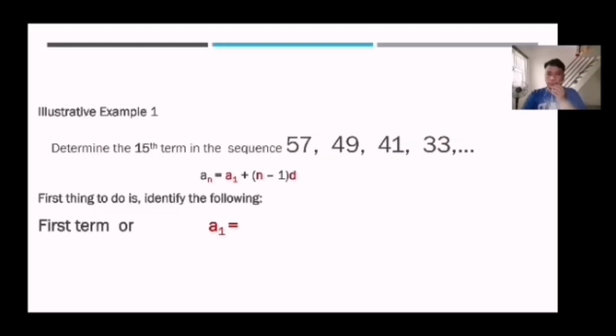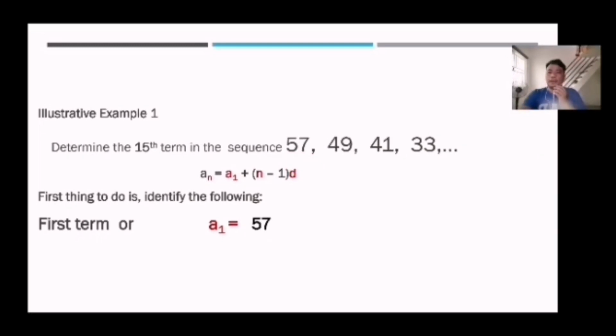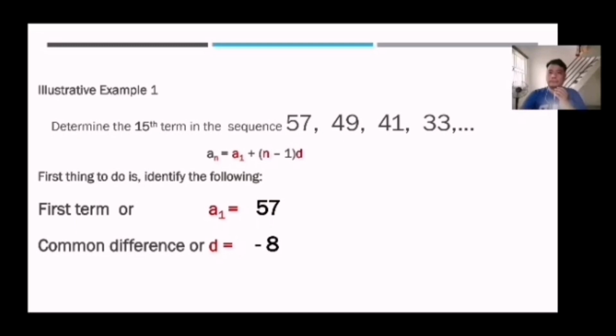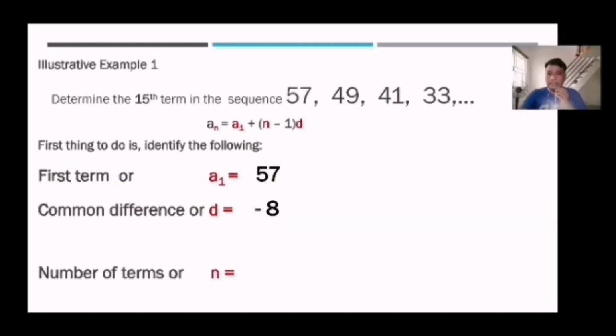Okay, first term is the first number in the sequence, that is 57. Next is the common difference. Let's try again subtracting the first term from the second term. 49 minus 57 is negative 8. Lastly is the number of terms. Number of terms in this question is 15.